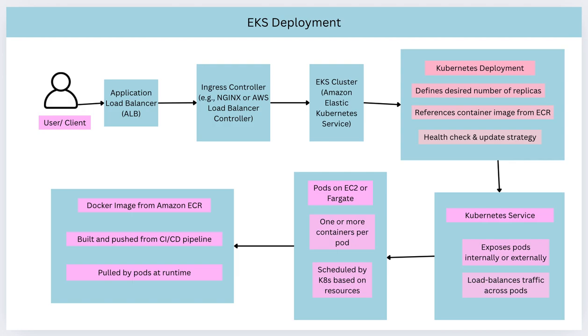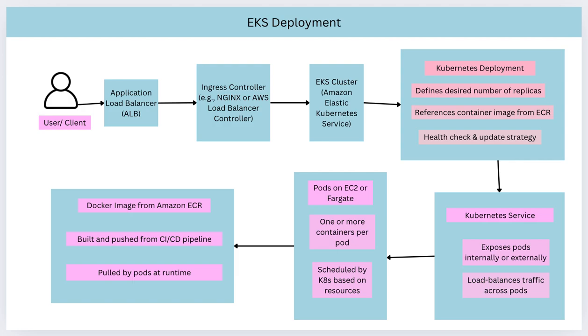Each deployment is paired with a Kubernetes service which load balances traffic across pods. Those pods, which hold your containers, can be scheduled on EC2 worker nodes or on Fargate.